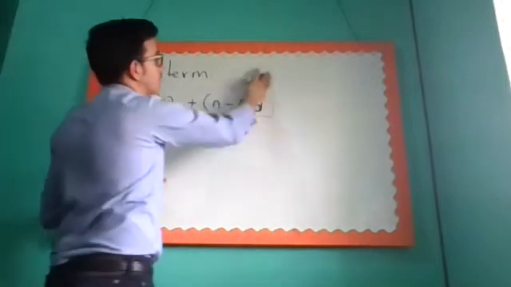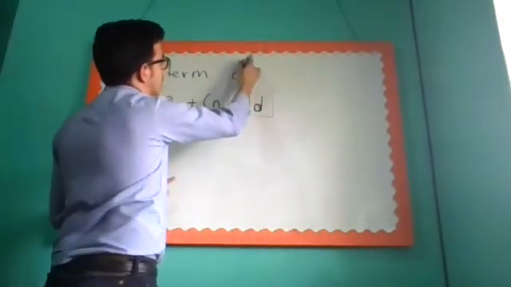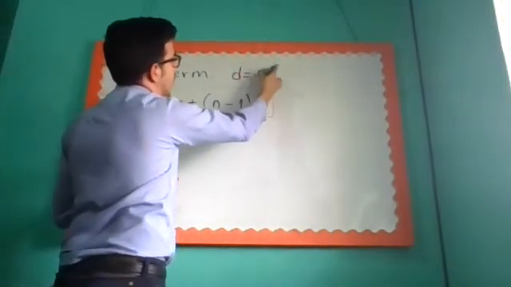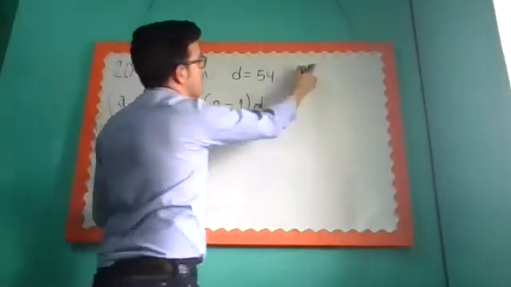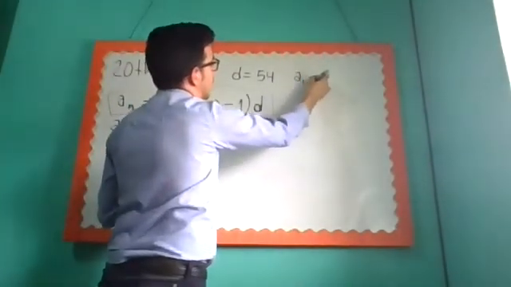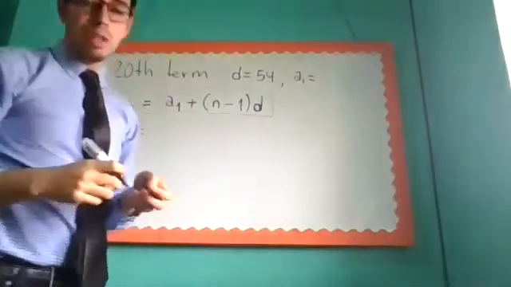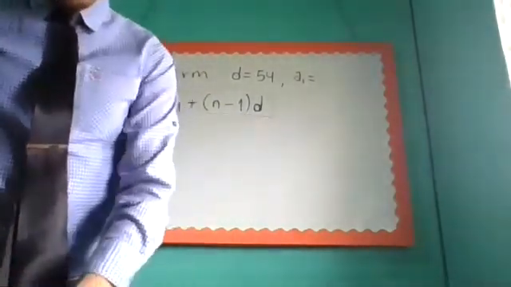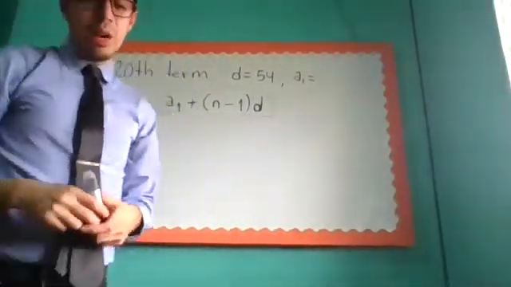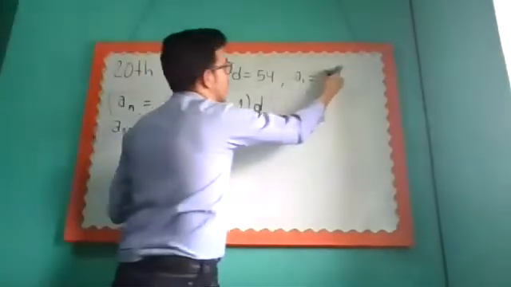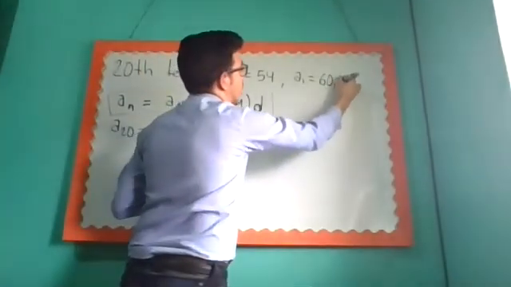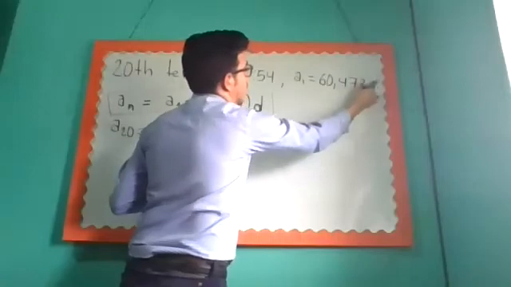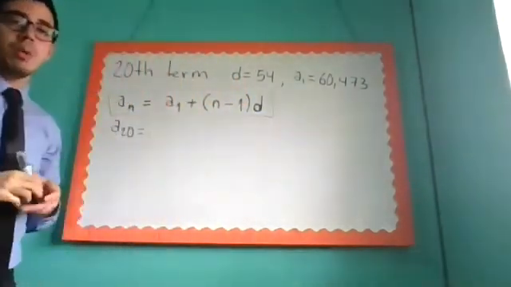The common difference is 54, and A sub 1 is, I don't have a space for A sub 1, 60,473. Okay, this is A1.